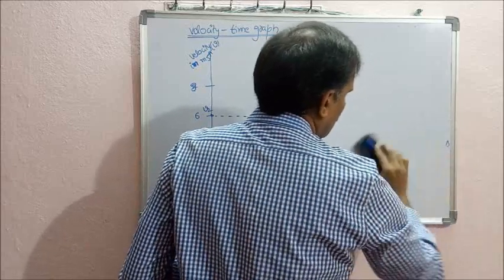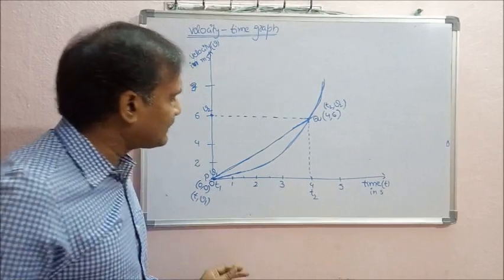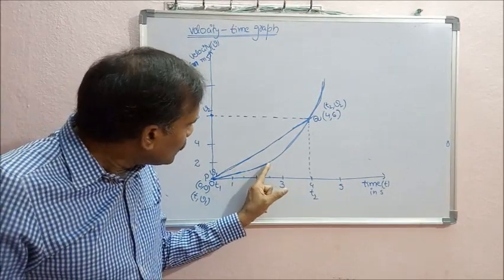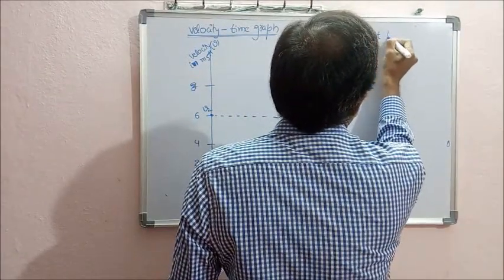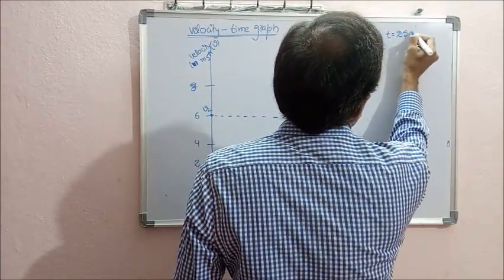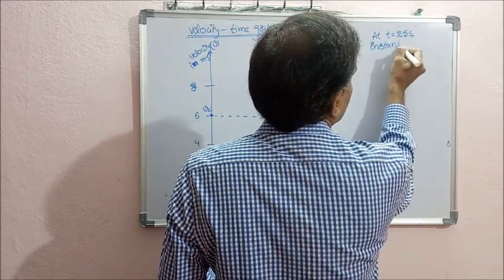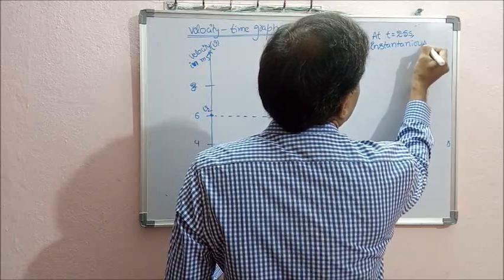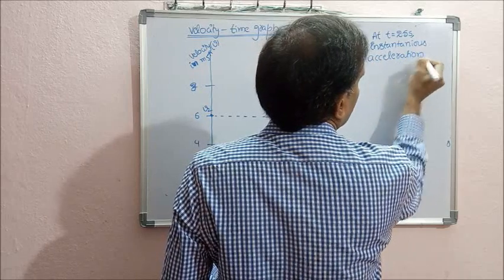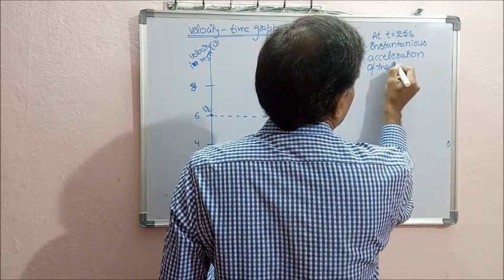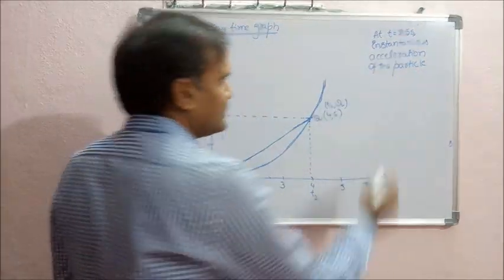Okay, now we want to find out the instantaneous acceleration of the particle at t is equal to 2.5 seconds.